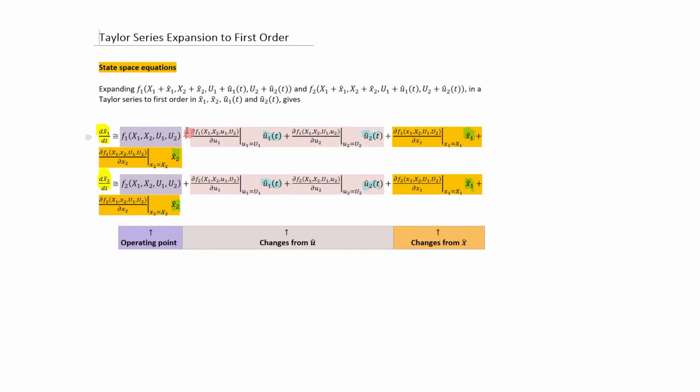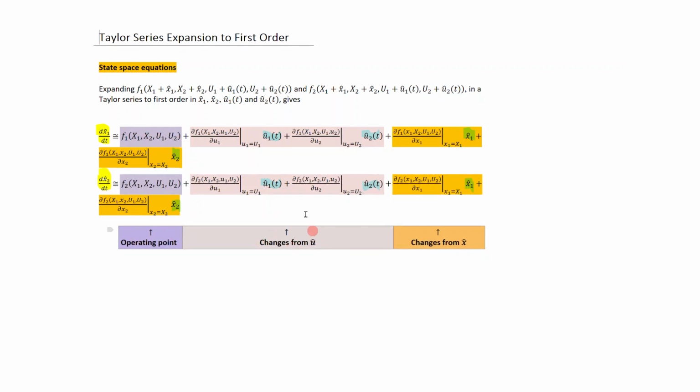All right, so here we're just showing the first order expansion, and so there's the first order term, and then of course we have x1, x2, u1, and u2, and so you can see perturbations with respect to the input variables and perturbations with respect to the state variables, both for x1 and x2. And so this represents the operating point.